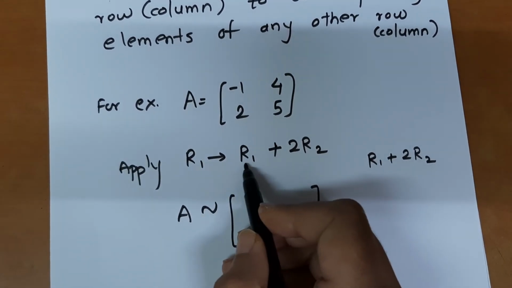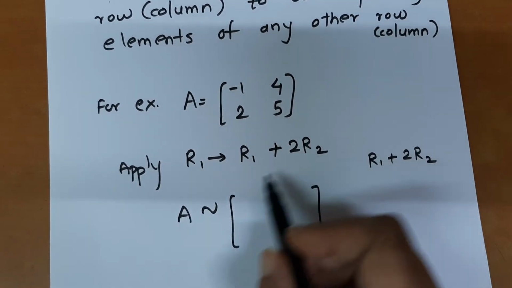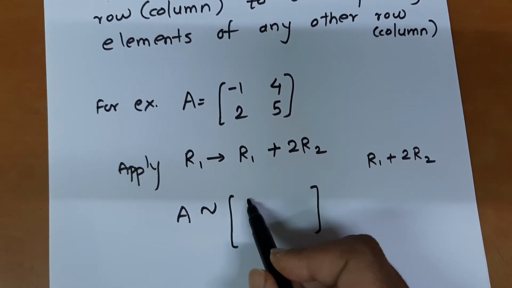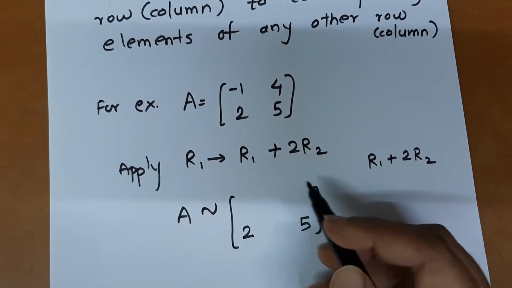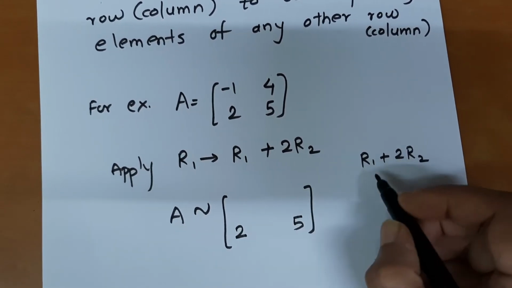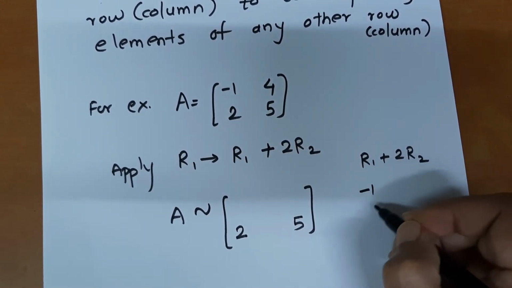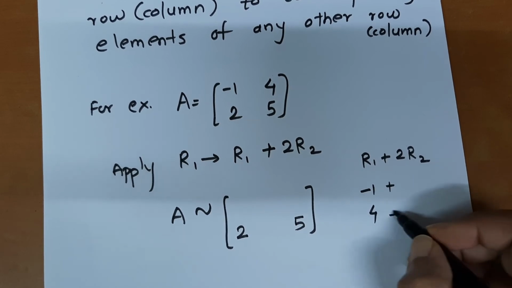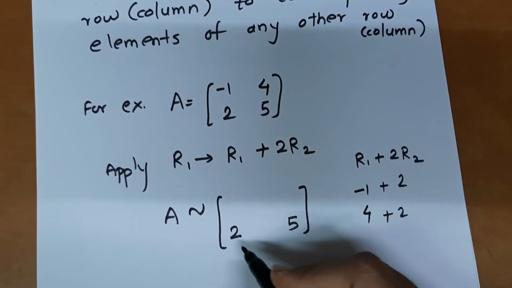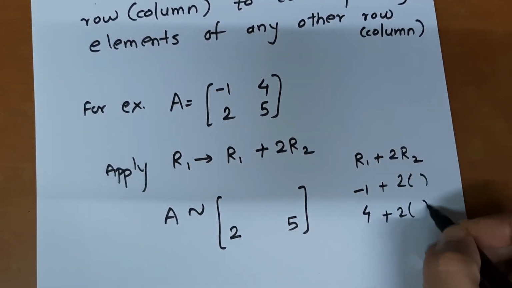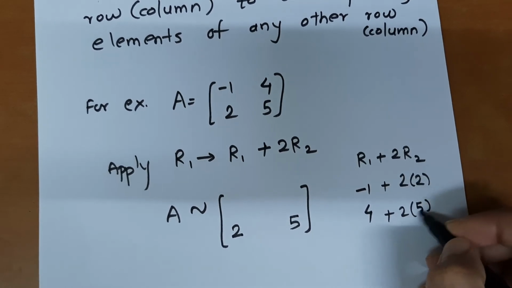Since operation is on the first row, keep the second row as it is, because we'll change the first row. So what is the second row? 2, 5. Don't change this row because R1 plus 2R2 we have to find. So what are the elements of R1? Minus 1, 4, plus 2 times the elements of R2. We have to add with the corresponding elements 2 and 5.